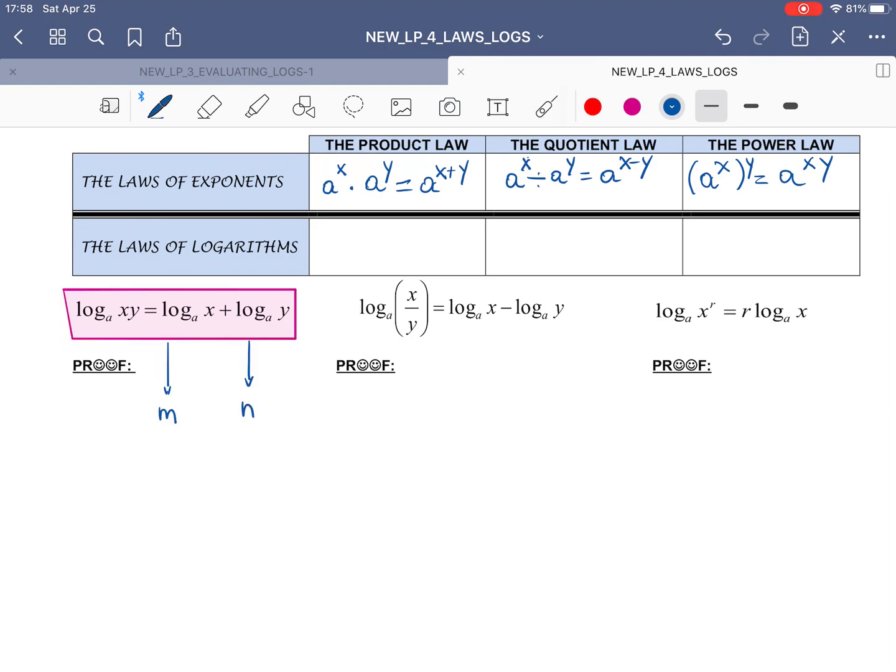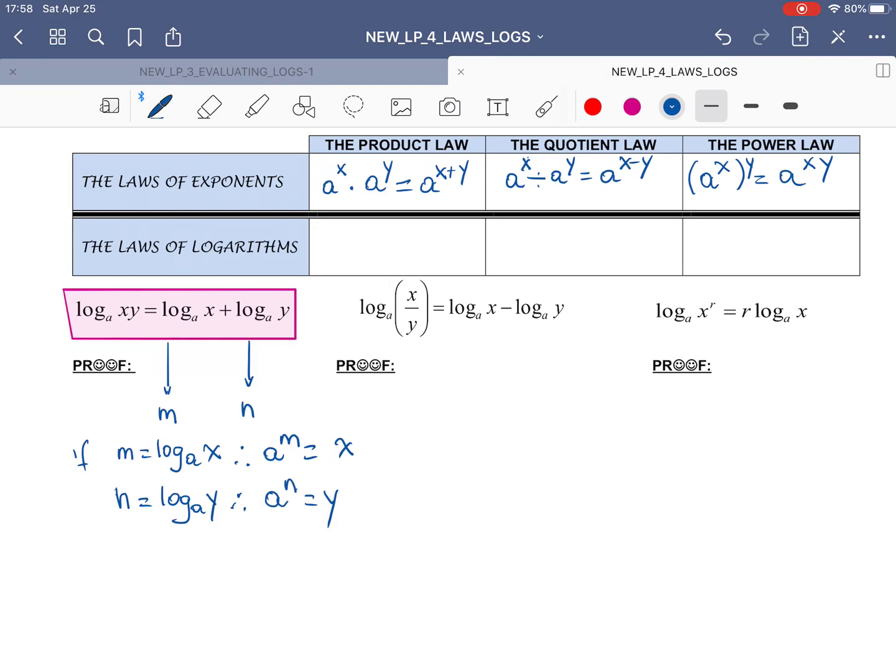So if m equals the log with base a of x, then we're going to say that a to the power of m equals x. Now, if n equals log with base a of y, then we're going to say that a to the power of n must equal y.